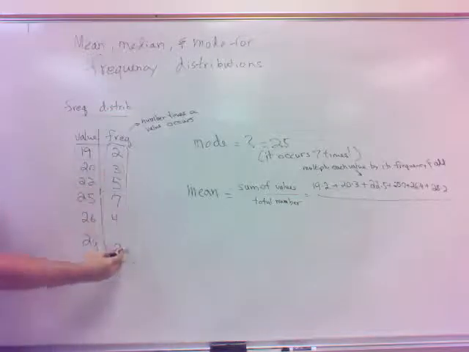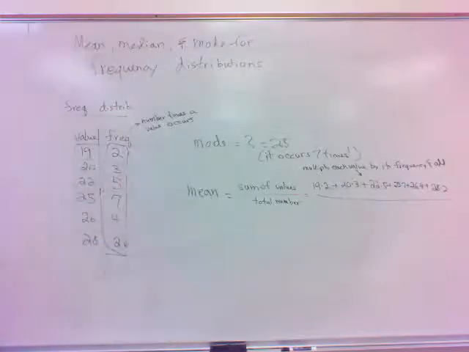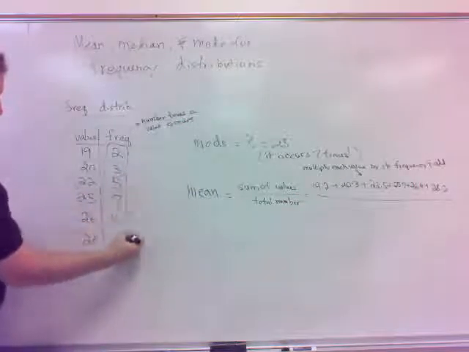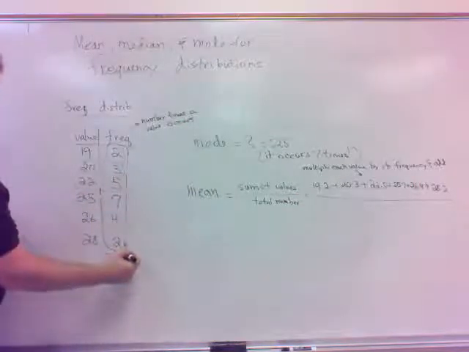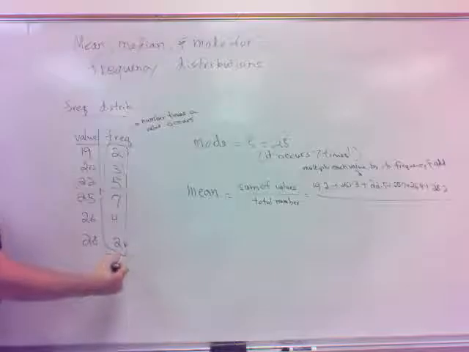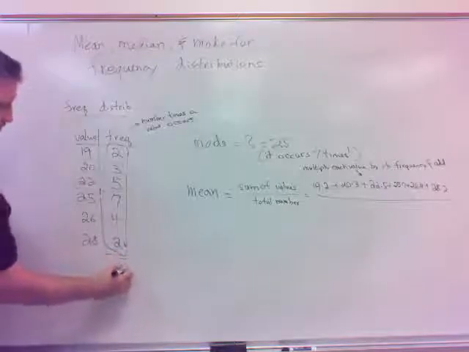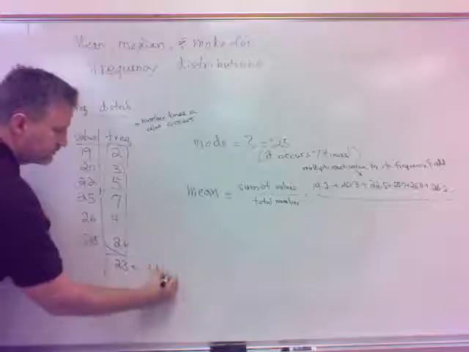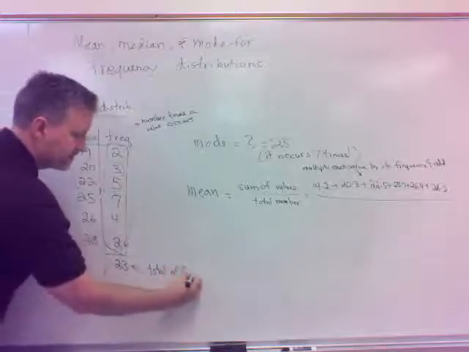Add the total of this column up, and that's going to be the total number of values there are. All right, so that's 5, 10, and 13. Is that 23? 23. So yeah, the total of the frequencies gives you the total number of values there are.